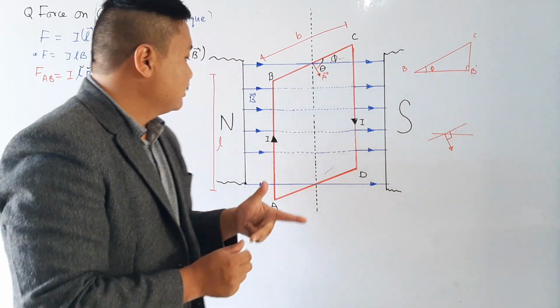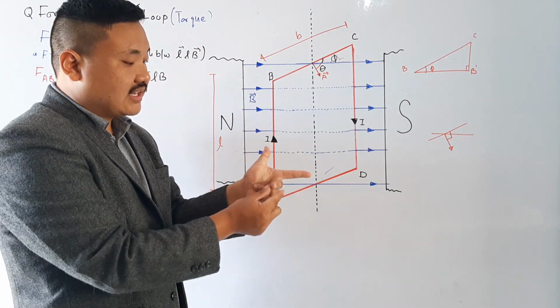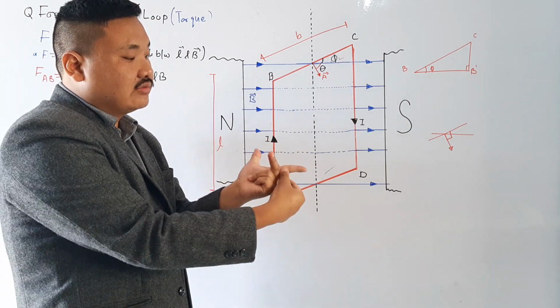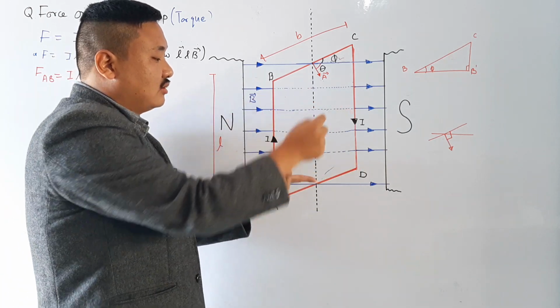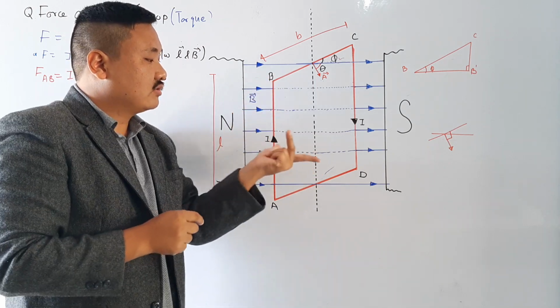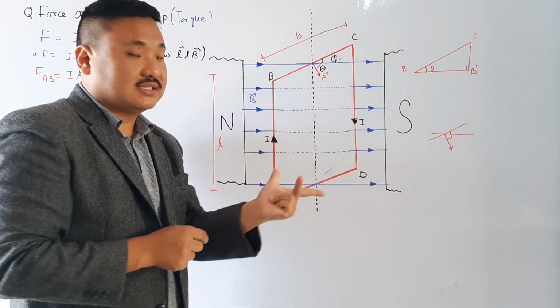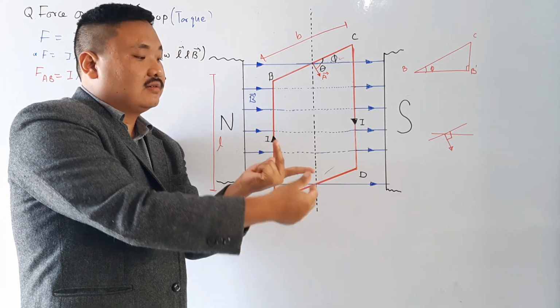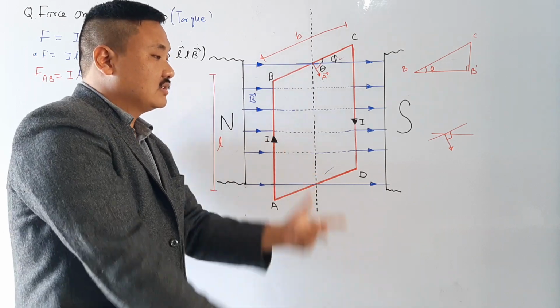So here, where is the current going? The current is going in this direction, and the magnetic field is going in this direction, from north pole to south pole. So this is the magnetic field, this is the current, and the force is going inside the board, isn't it? Inside the board, like this. Current above, magnetic field, and force inside.